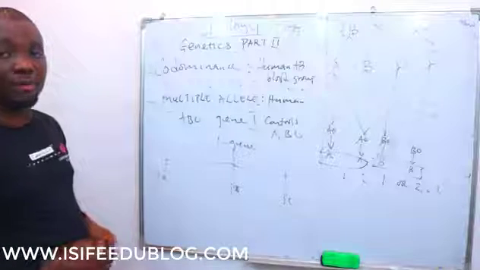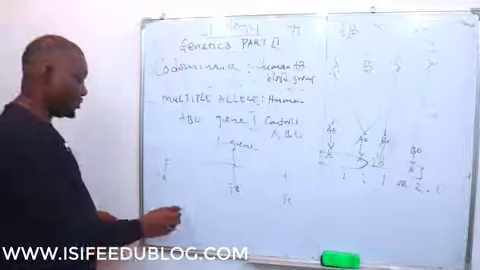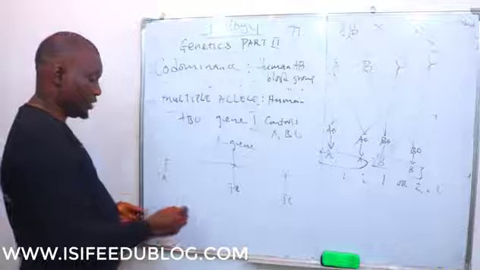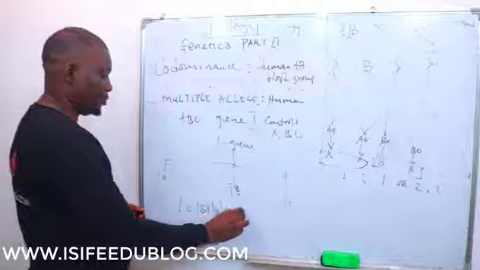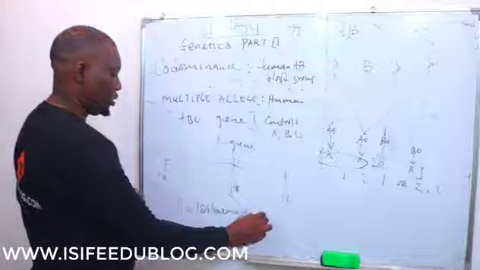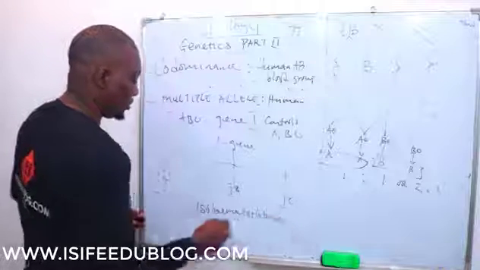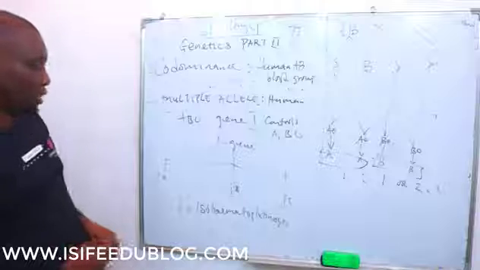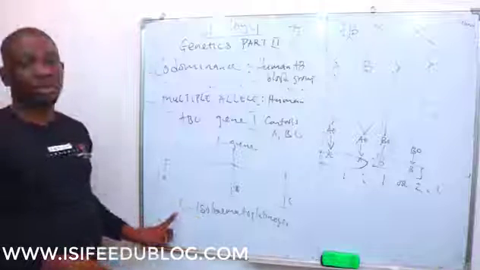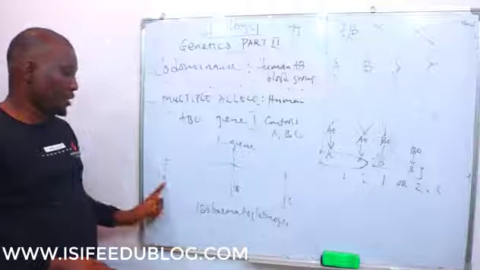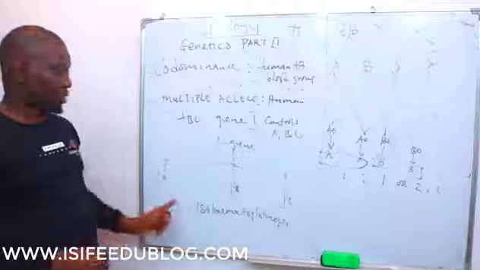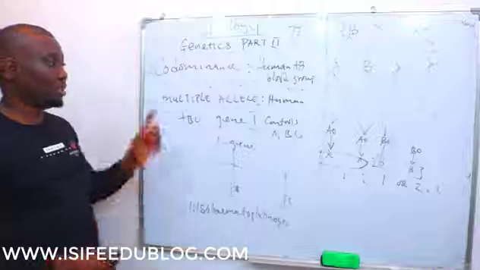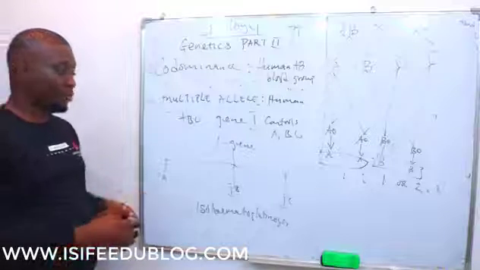So this I means a gene which is isohemagglutinogen. That's what I mean. These genes are located on this part, A, B, O, and this gene controls this blood group, so it is multiple alleles, ABO.